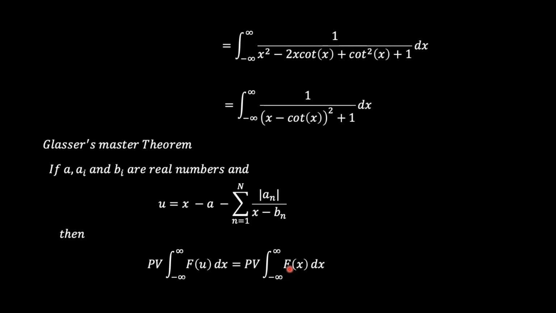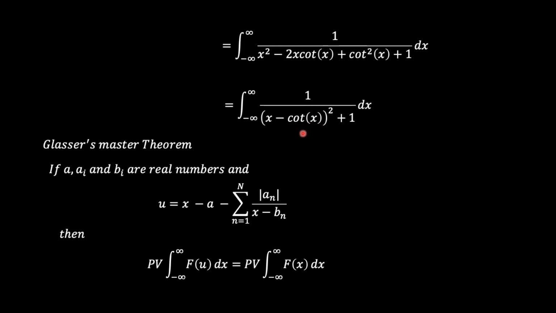So what that means, to explain: we have an integrand 1 over, and if we consider x minus cot x as our u, this function is 1 over u squared plus 1, right?